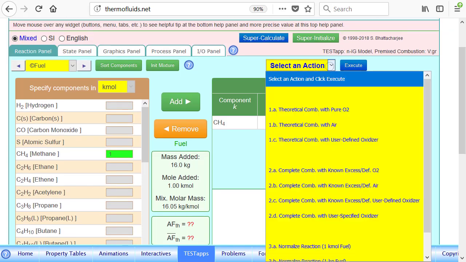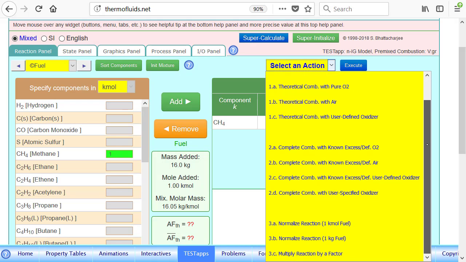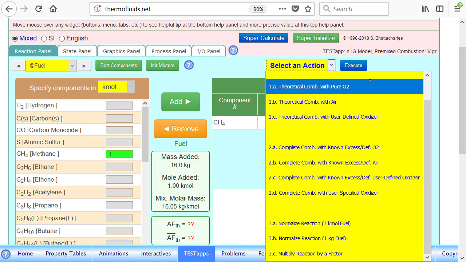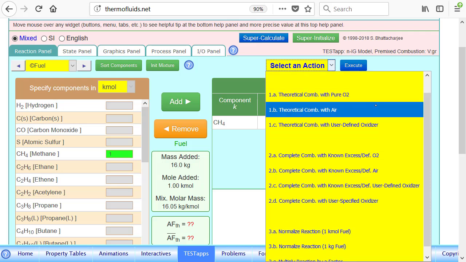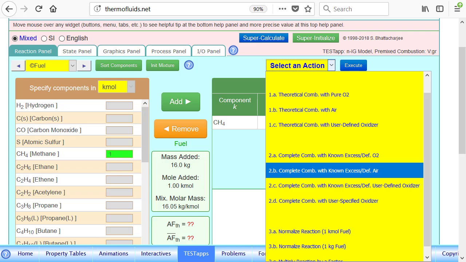As a matter of fact, this is such a standard reaction that we can directly say it's a reaction with air. It's not theoretical, but complete combustion with known excess or deficient air.